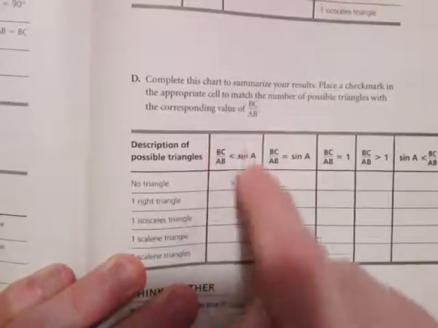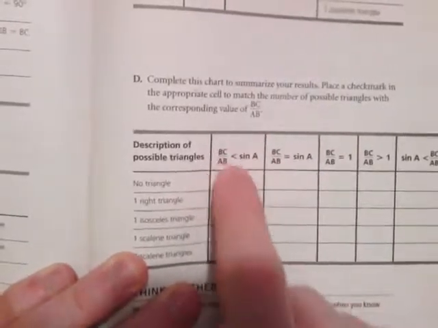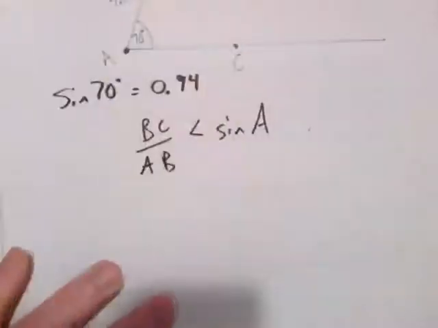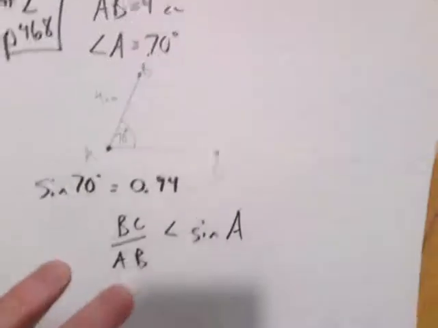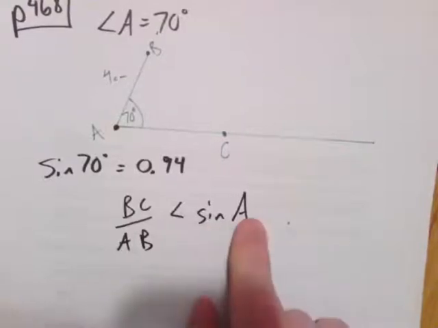And I copied this down on the page, so just throwing this at you doesn't make a whole lot of sense. But this is written down on the page. So I'm moving the book and I'm going to talk about it. So it says BC over AB, if that is less than sine of A, there's no triangle.